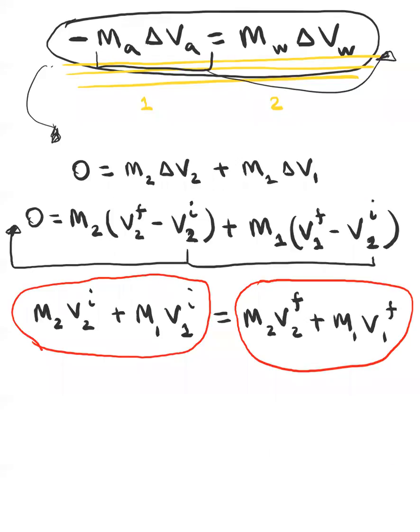What I will do is take this m times v, mass times velocity, and since this is an important quantity, I will give it a name. I will call it momentum. We usually denote it by the letter p.